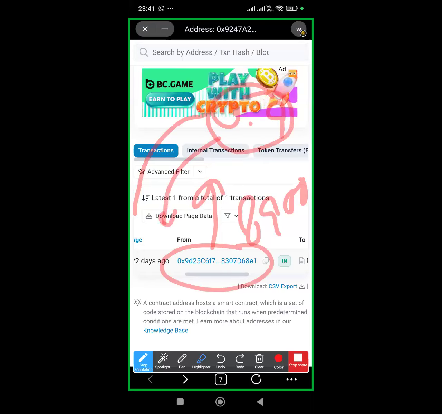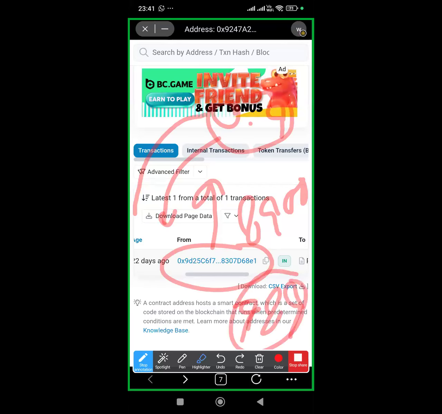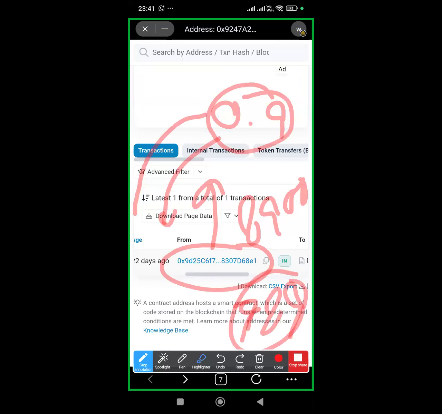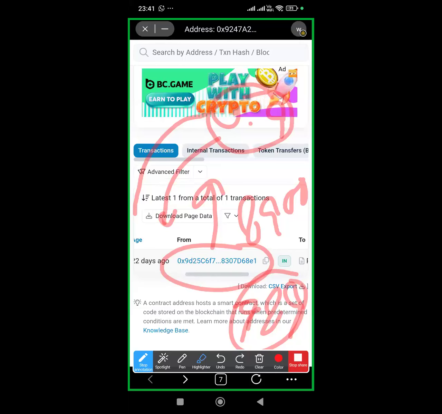If you go and check the holders, you will see that this ID contains 989 tokens till now. After investing $9,000 from day one, he has collected this amount of tokens. This is the developer ID.